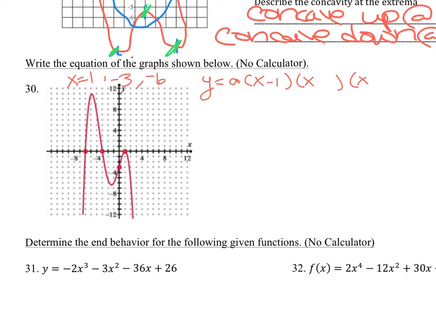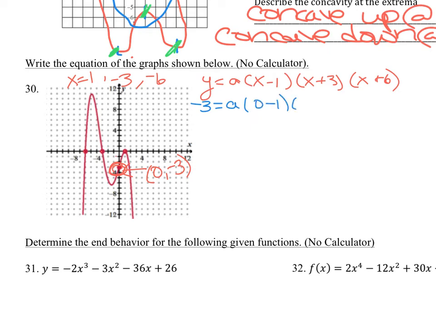So x minus 1, x plus 3, and x plus 6. To find a, I'm going to take this ordered pair, which is 0, negative 3, and plug it in for x and for y. So I'm going to plug in 0 for every x, and negative 3 for y, and then I'm going to find a.